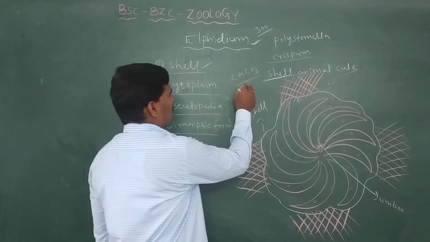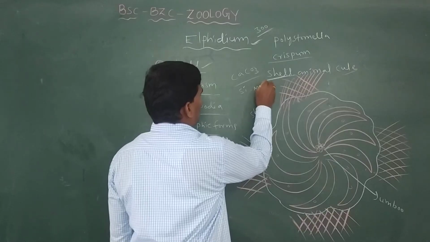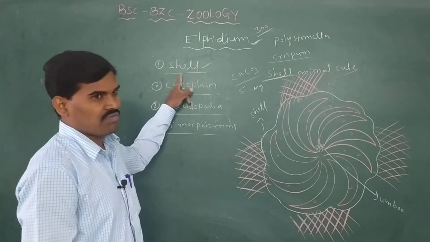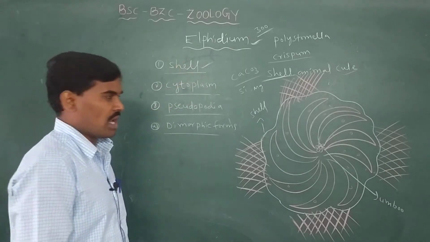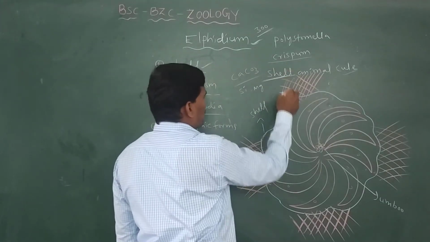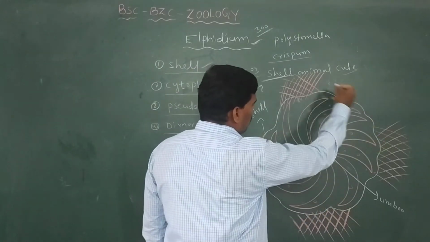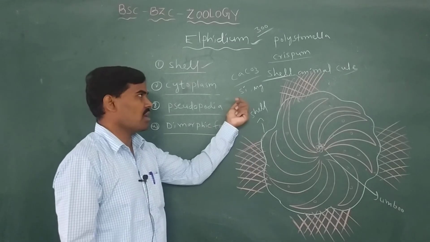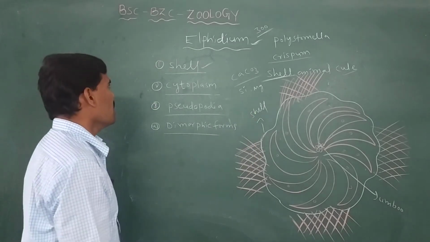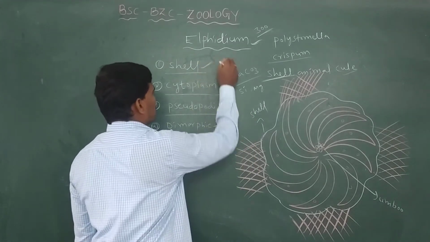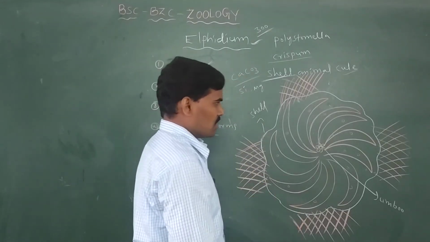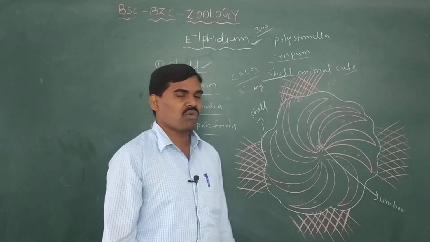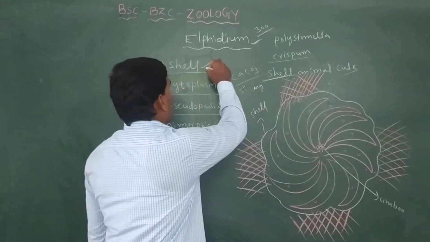Since the outer surface is totally covered by calcium carbonate and these inorganic components, Elphidium is a shell animalcule. The shell is translucent and has a number of pores.